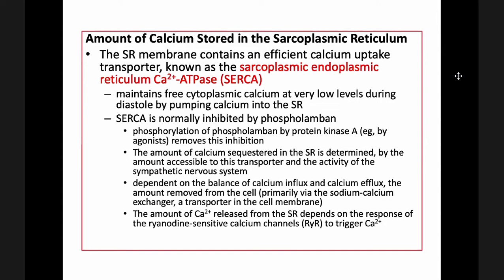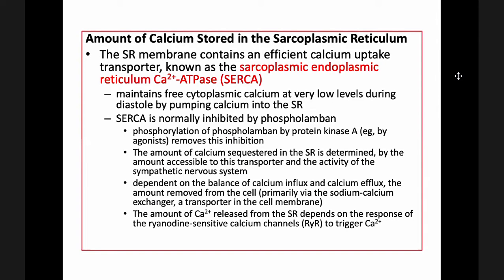So the sarcoplasmic reticulum membrane contains an efficient calcium uptake transporter, which is called your SERCA, or your sarcoplasmic endoplasmic reticulum calcium ATPase, which maintains the free cytoplasmic calcium at very low levels during diastole by pumping calcium into the sarcoplasmic reticulum.